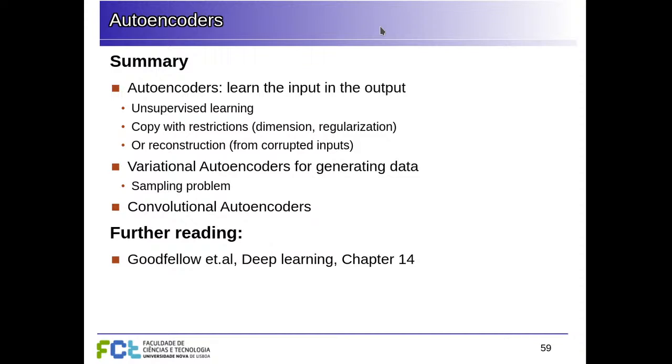We can do this with images using convolution, so you don't need to only use dense layers, and we can use it also to generate data. As long as we solve the problem of knowing how to sample from the latent representation, we can now generate new examples of the same kind of data.